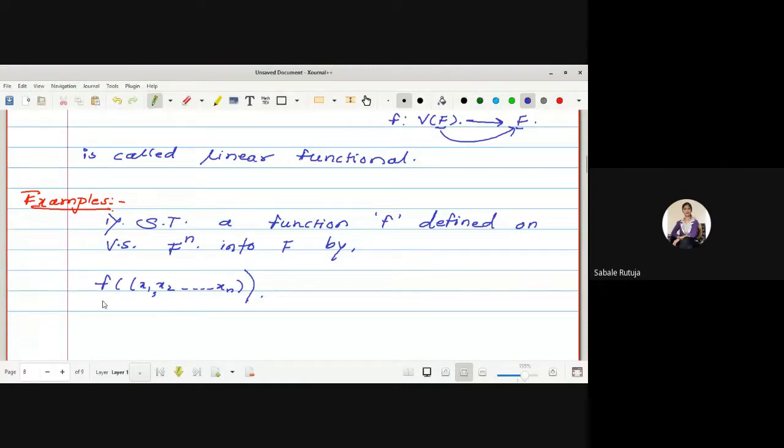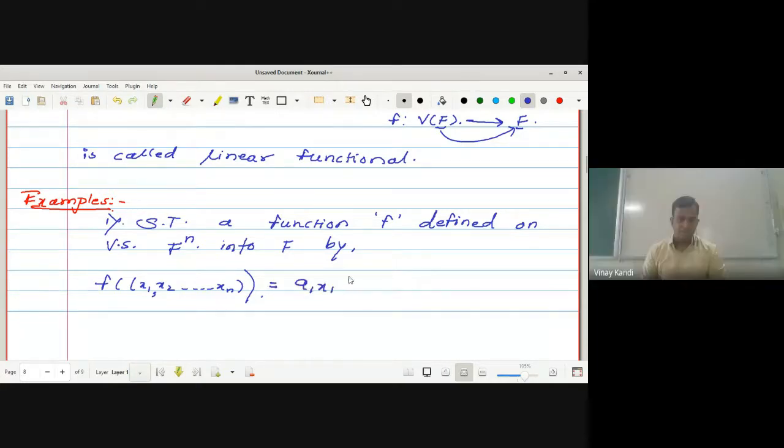So f of x1, x2, up to xn is equal to a1 x1 plus a2 x2 plus up to an xn, where each ai belongs to capital F, with i running from 1 to n.